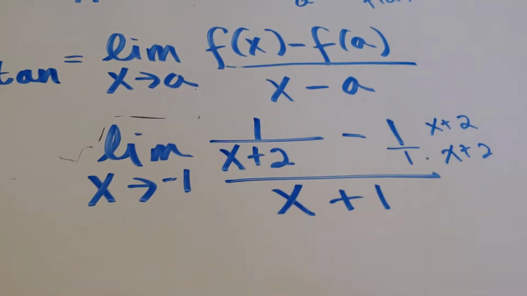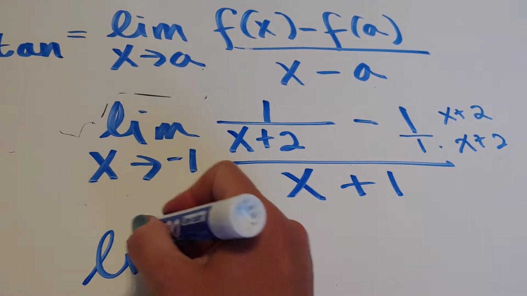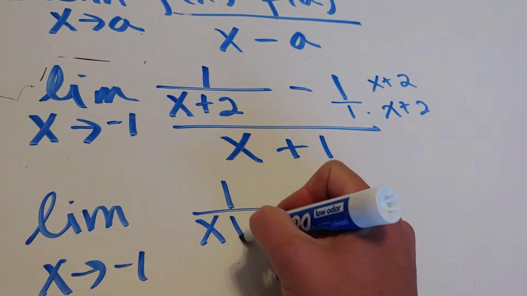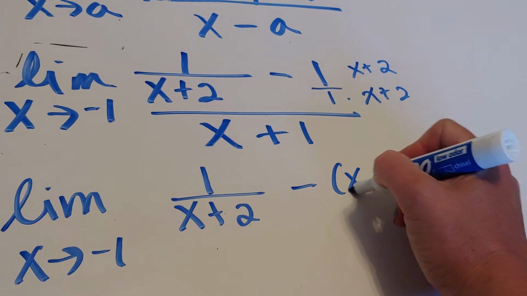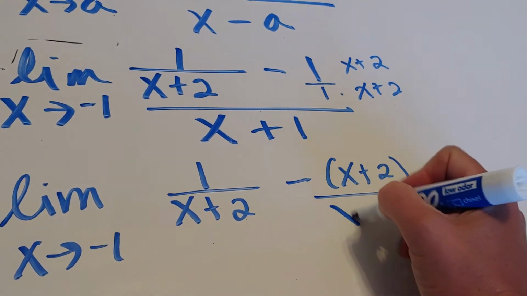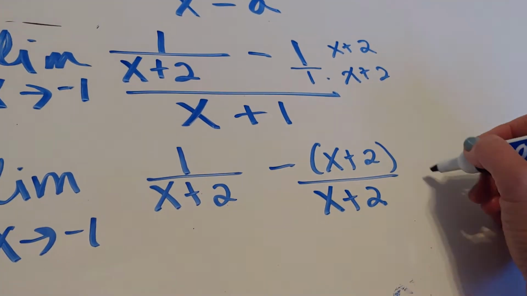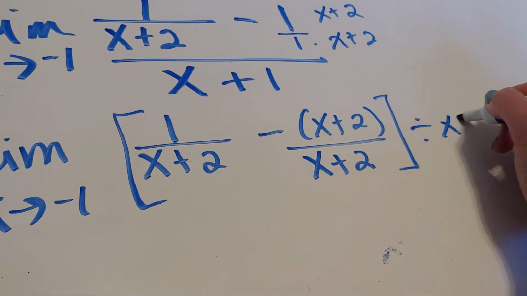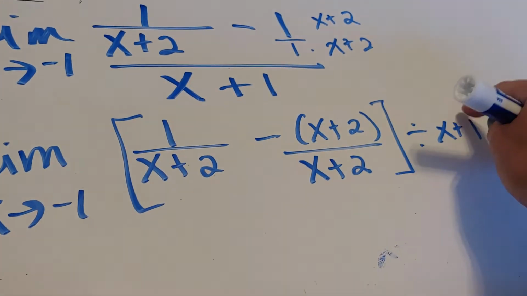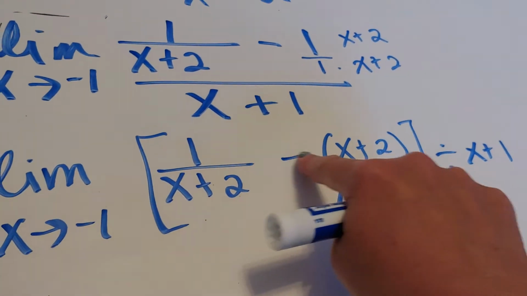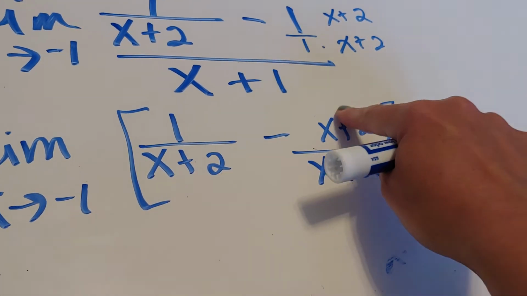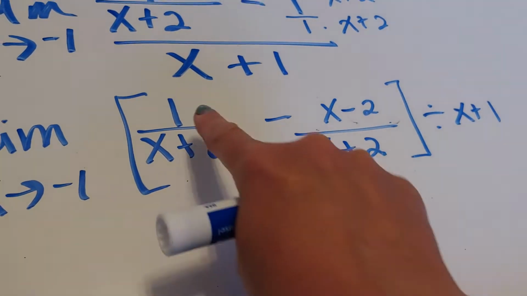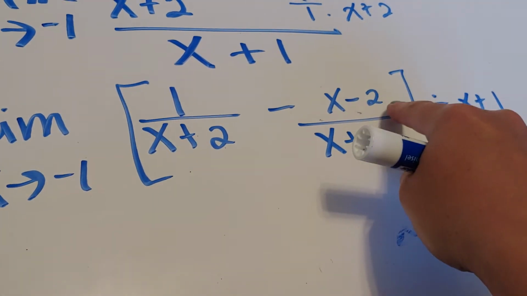Okay, all right, so let's see what I've got. I've got the limit as x approaches negative 1 of 1 over x plus 2 minus x plus 2 over x plus 2. And that all is going to be divided by x plus 1. So this guy down here, divided by x plus 1. Okay, when I distribute that negative, so now I'm going to have 1 minus x minus 2.